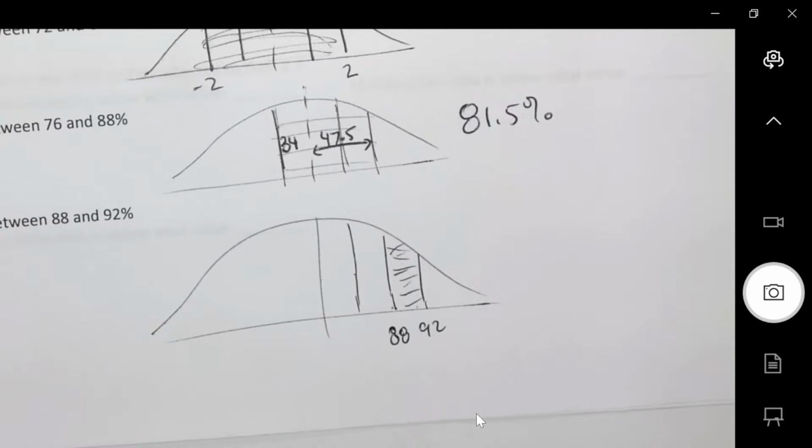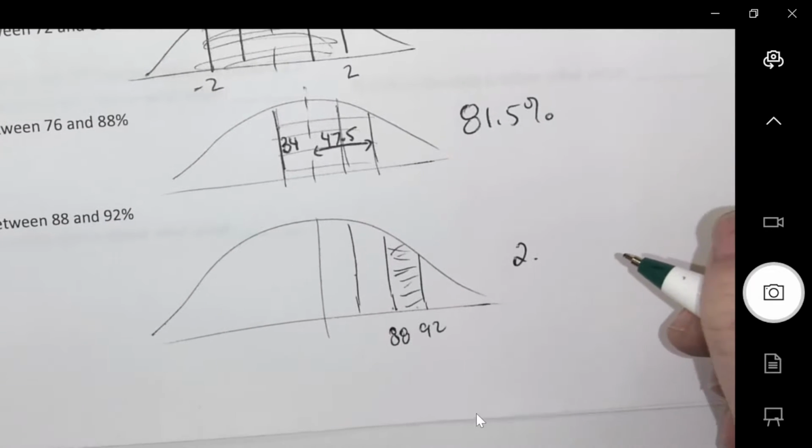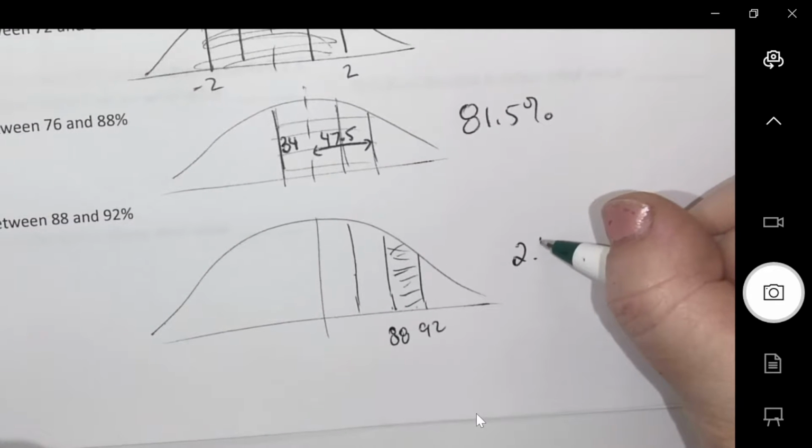And the last one is finding this section. And did anybody get a number? Is it 2 point something? What is that number? 2.5 or 1.5?